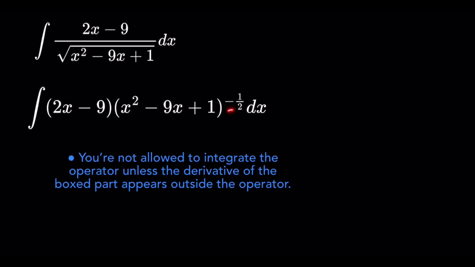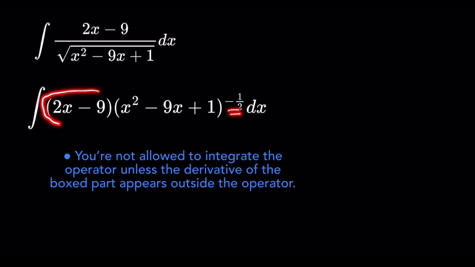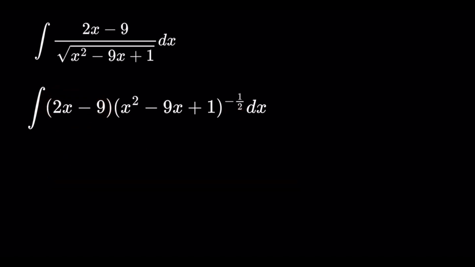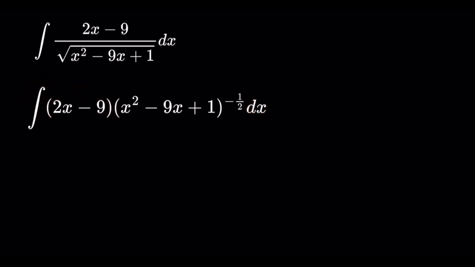You're not allowed to integrate the operator unless the derivative of the box is present outside the operator. Once this condition is met, we are going to be removing three things: the integral sign, the differentiation of the box, which is the ellipse here, and the dx. Then you are ready to integrate the remaining part using the power rule.